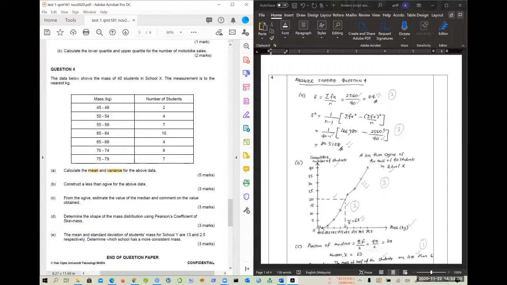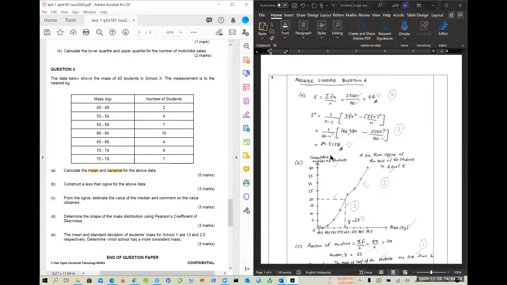Remember, the less than ogive will start with 0 and end up with the maximum number, that is 40. While if you are using the greater than ogive, you will start with 40, the maximum number, and end up with 0.